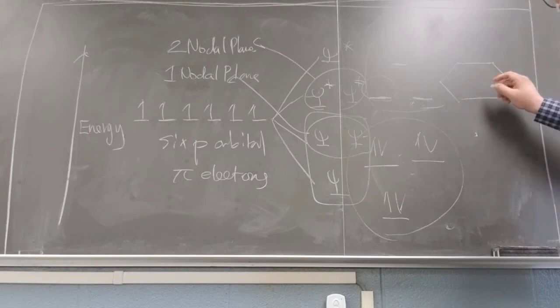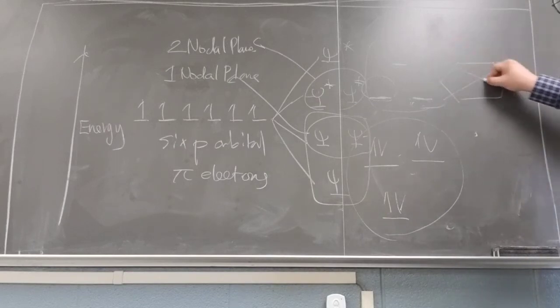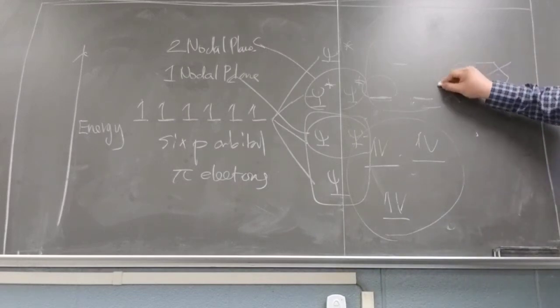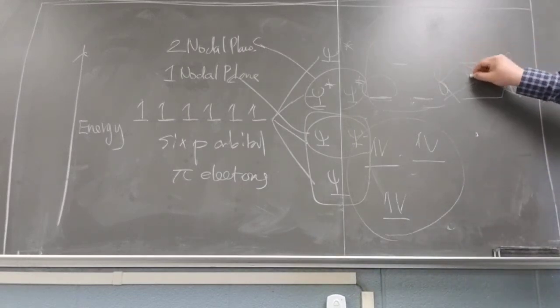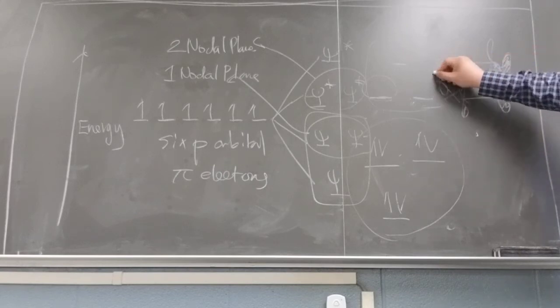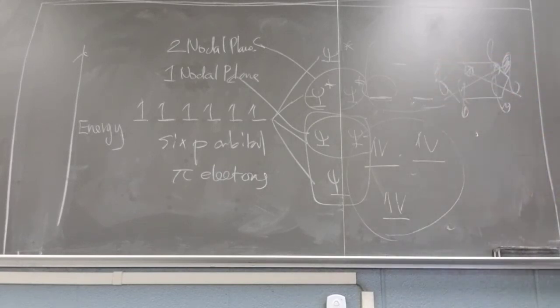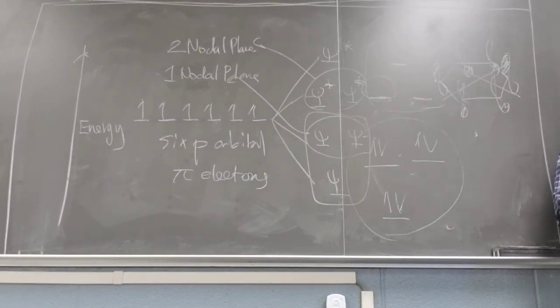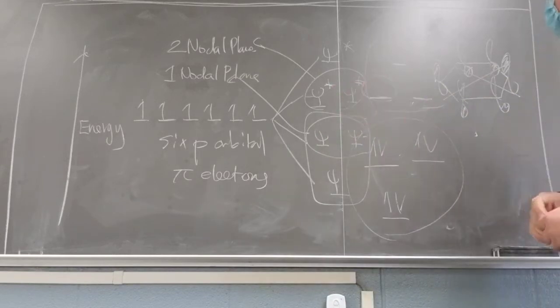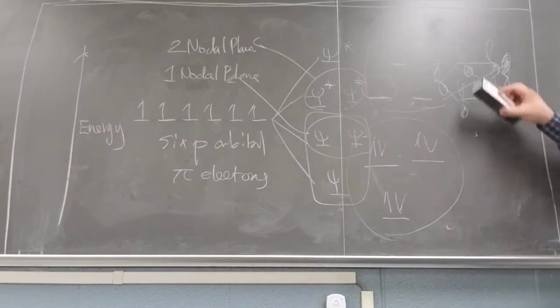It doesn't go through the carbons, but beside. So those 2 nodal planes separate them in the bonding states, so these 2 will be very anti-bonding. This is the second worst one. Makes sense, right? Okay.